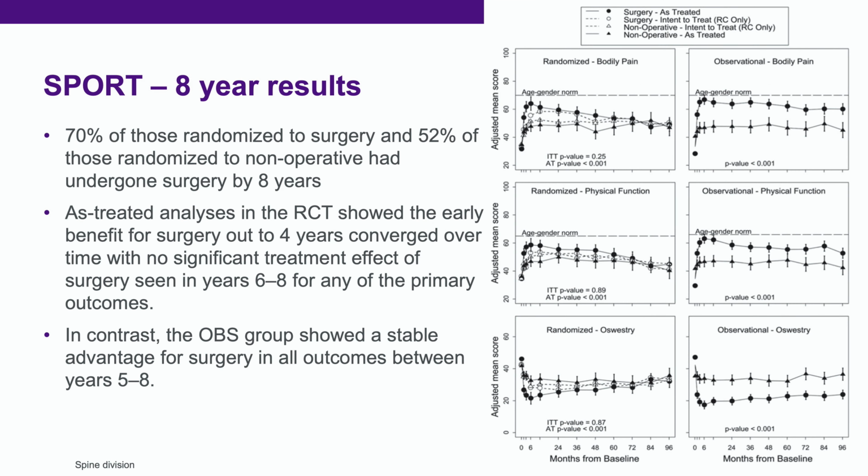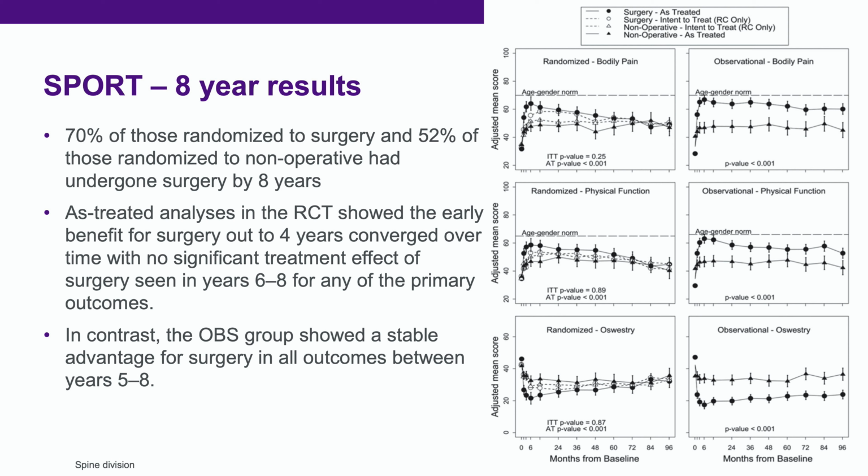The SPORT trial, the spinal stenosis arm, also published its 8-year follow-up, and it also showed that 70% of those randomized to surgery and 52% of those randomized to non-operative treatment had undergone surgery by 8 years. So there's a lot of movement between arms.